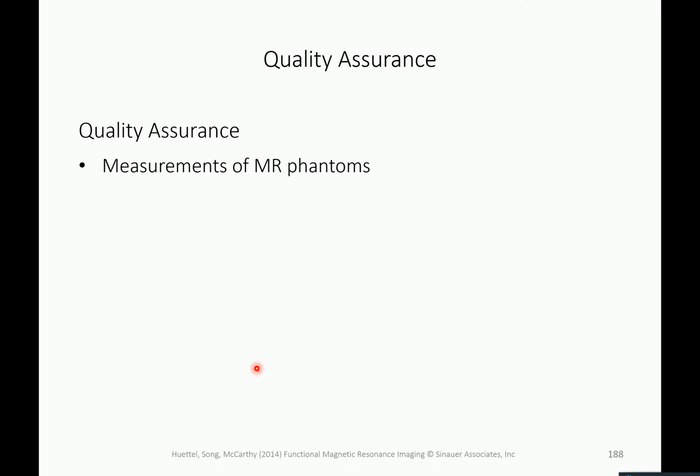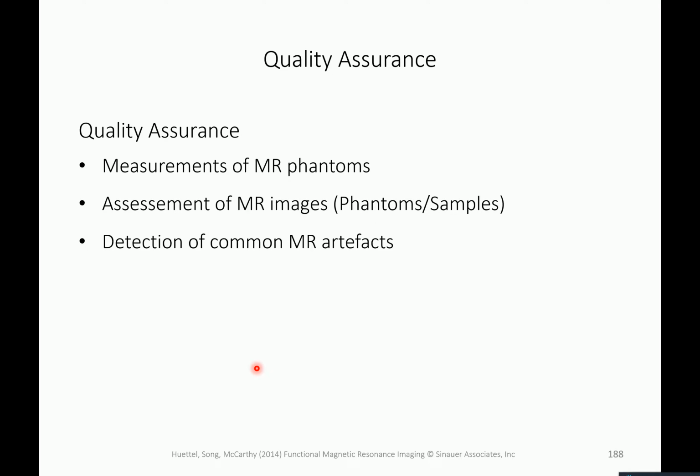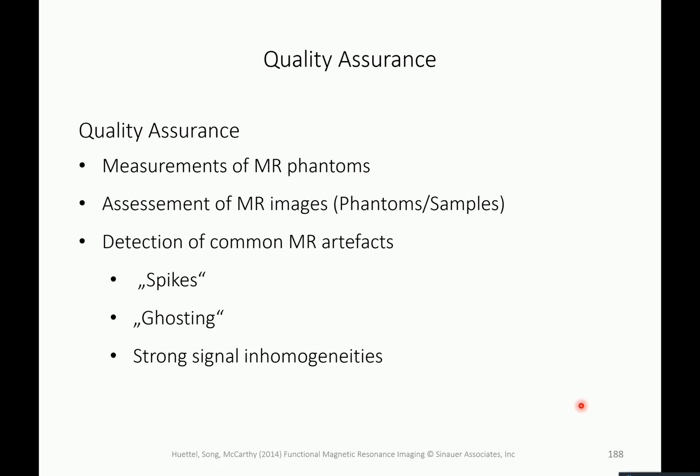Quality assurance. What can be done to make sure that the scanner is actually doing what it's supposed to do is to measure MR phantoms, and then to look at these and detect common artifacts. Common artifacts, so this is something that you should know, are things like spikes or ghosting and strong signal inhomogeneities.